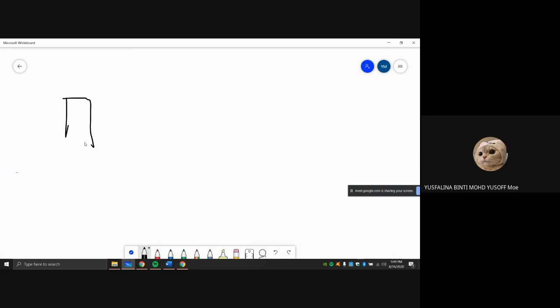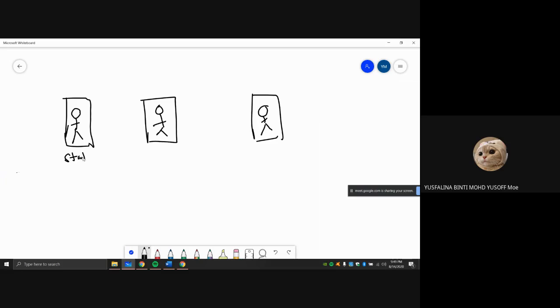So let's say this is the lift, and there is a person here. The first one, the lift is not moving, stationary. In this one, the lift will go up, and in this one, the lift will go down.